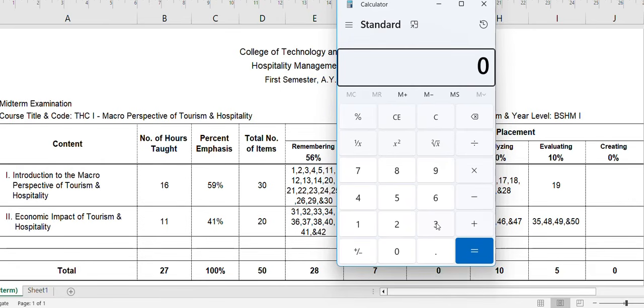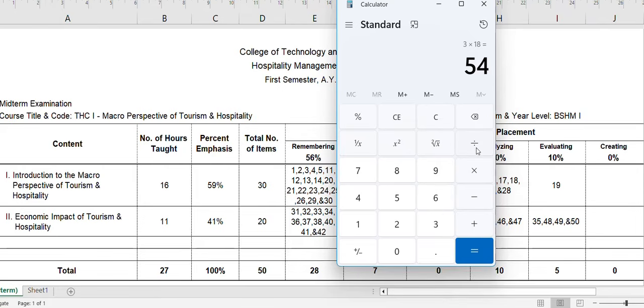And then for every semester, we only have 18 weeks. Since it is a lecture only, 3 hours per week, we will compute it with 3 times 18 weeks. So we have a total of 54 hours per semester.